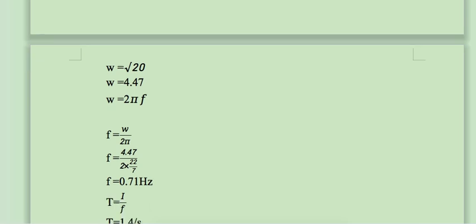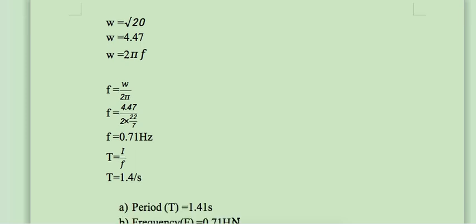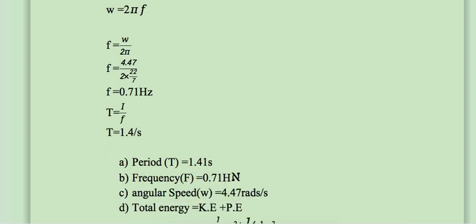When you do your calculation very well, you are going to obtain 0.71 hertz. Now, since we have obtained F, we can easily obtain our T, which is 1 over F. So if we put it to be 1 over 0.71, then our period will be 1.4 seconds.